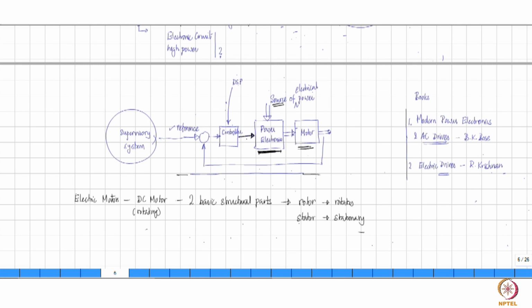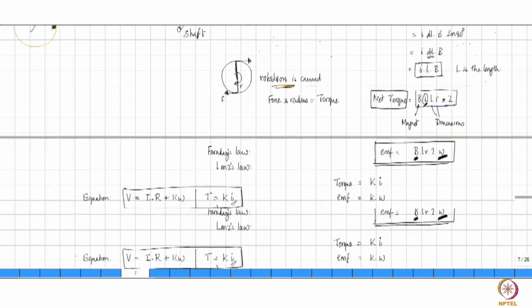So depending on the instructions given by that signal, this block then delivers a suitable output power to the motor, right?